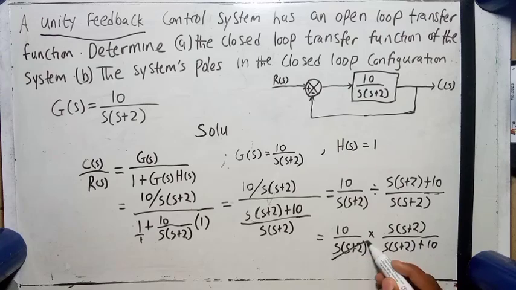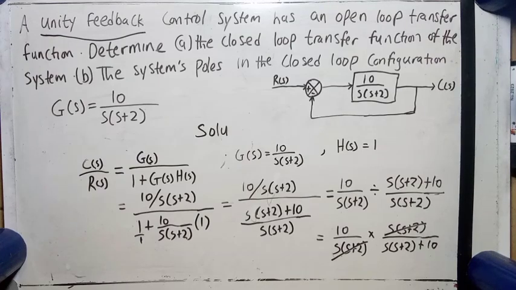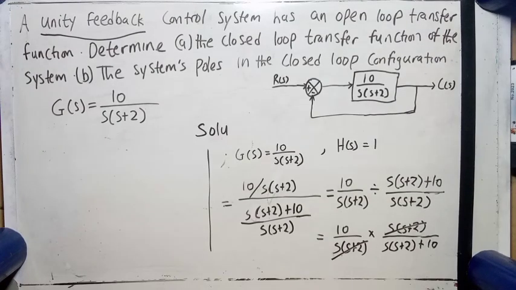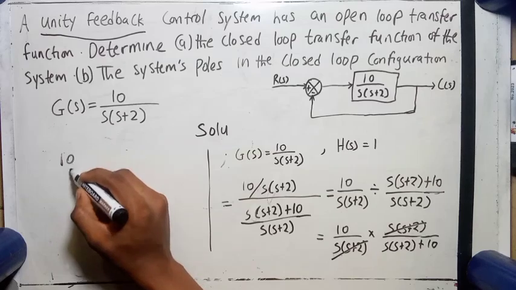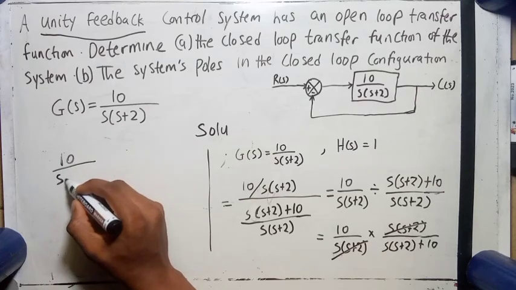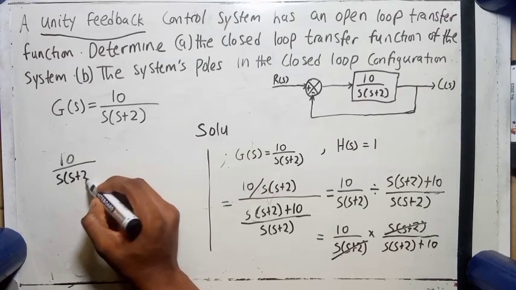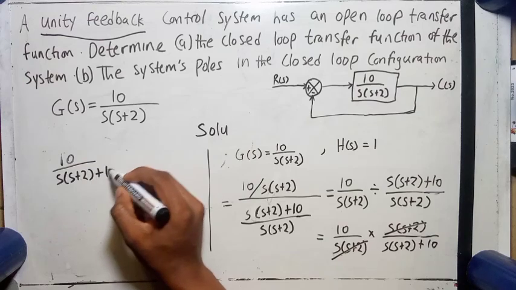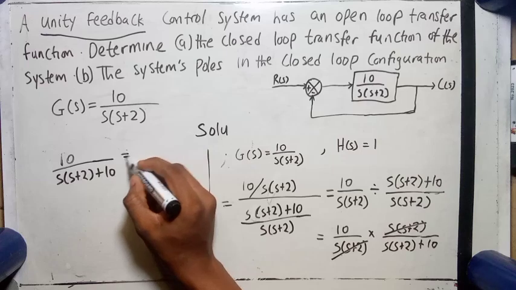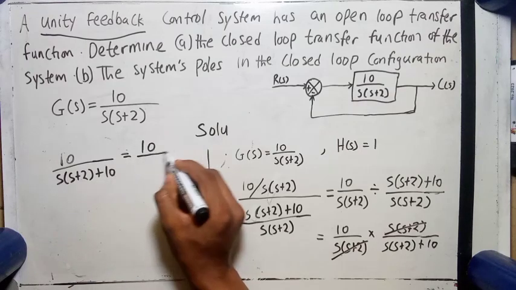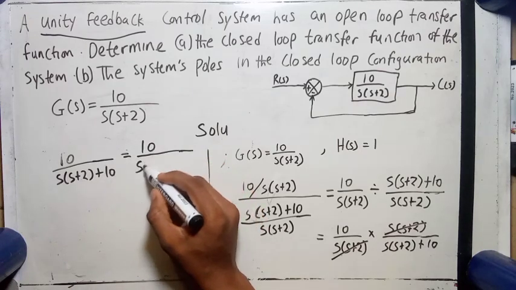These two are alike, so they can cancel out. So at the end of the whole process, we have that 10 over S bracket S plus 2 plus 10. Or you can still go further to also open this bracket. But anywhere you stop is still correct.